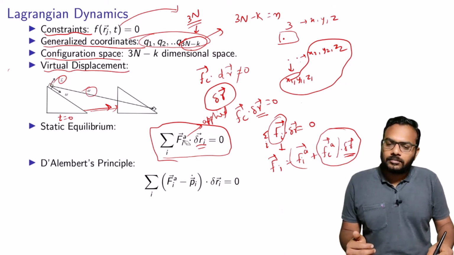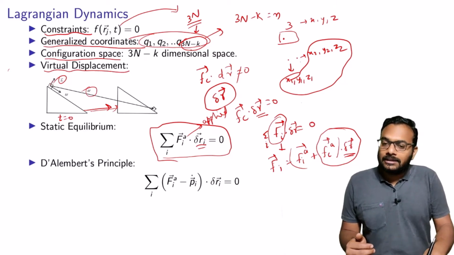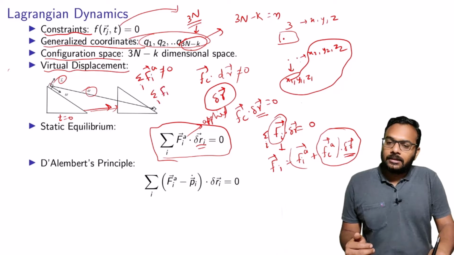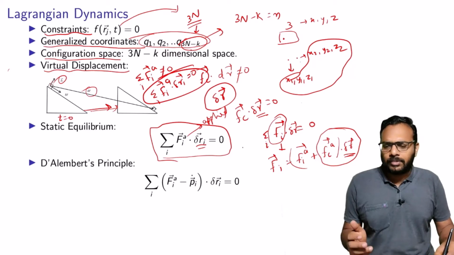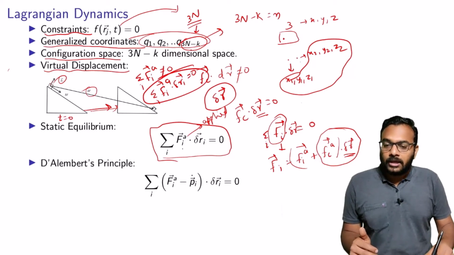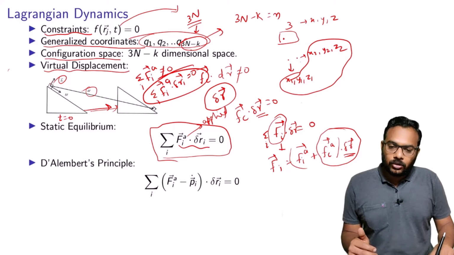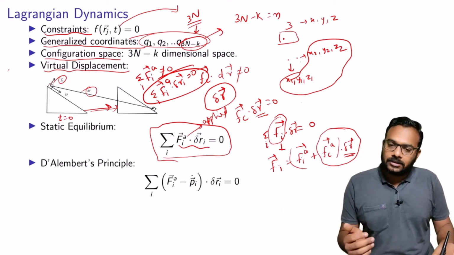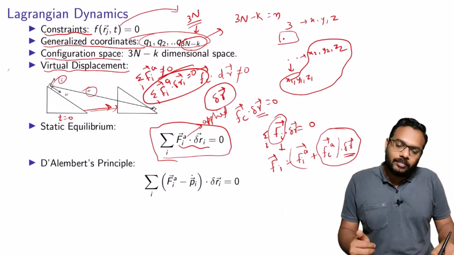But the sum of Fi^a dot delta ri is equal to 0. This you have to remember. Individually, the coefficients of delta ri are not generally 0 because the delta ri are not all independent.